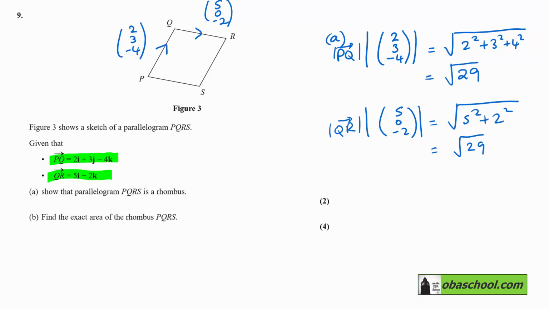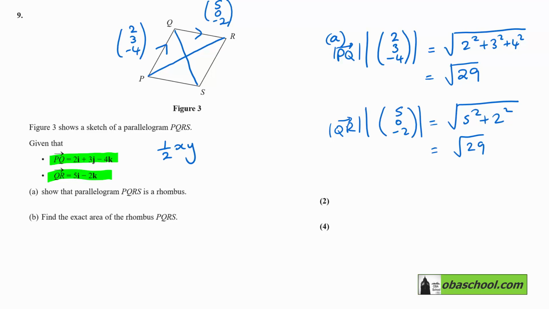Now in part B, we want to find the exact area of the rhombus PQRS. Now, since we know that this is a rhombus, and a rhombus is a type of kite, we can use the formula 1/2 xy, where x and y are the lengths of the diagonals.